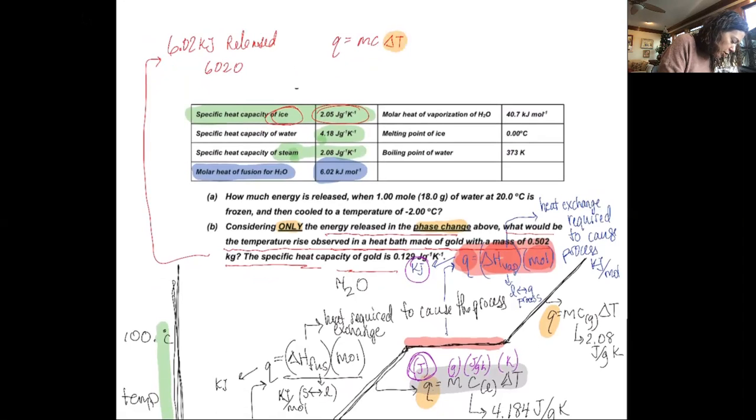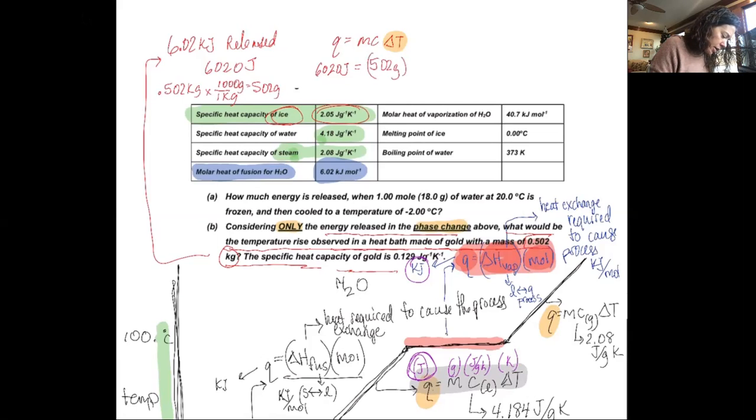So I know Q is going to be 6020 joules. I know my mass is going to be my 0.502 kilograms. Let's make that grams. We know that every 1 kilogram is 1,000 grams. So that's going to be 502 grams.